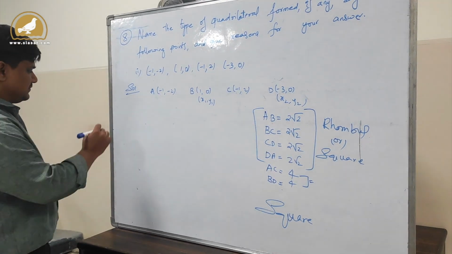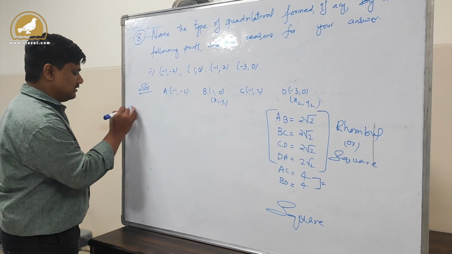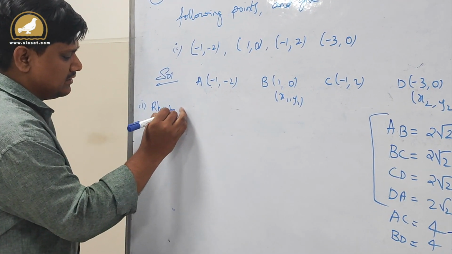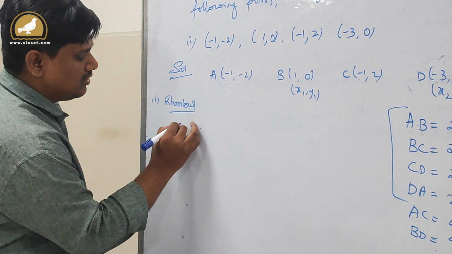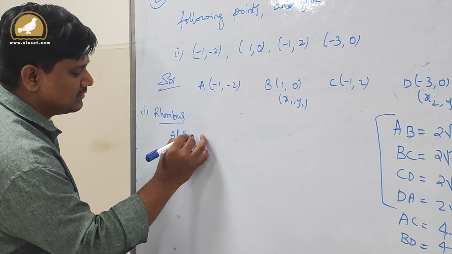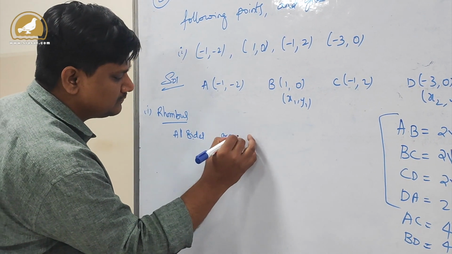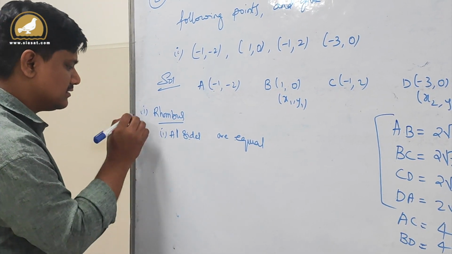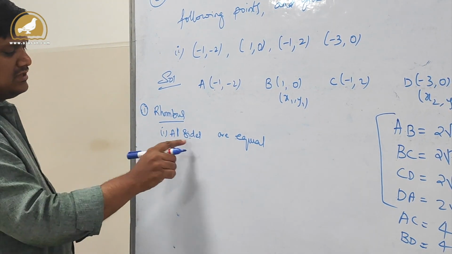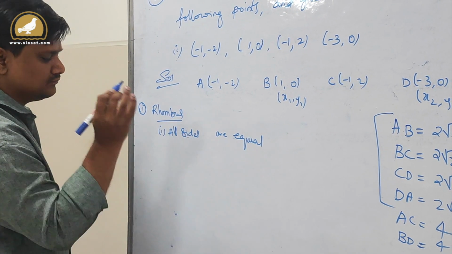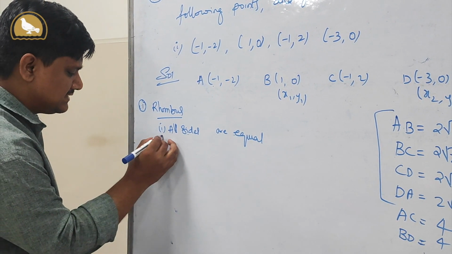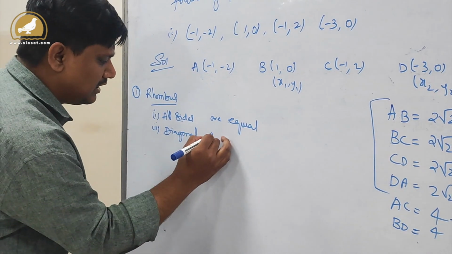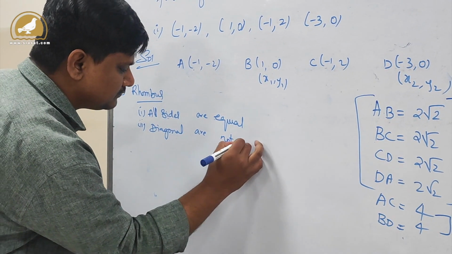What is the condition? First, if it is a rhombus, all sides are equal. In case of a rhombus, all sides are equal. That's the first condition. Second condition, diagonals are not equal.